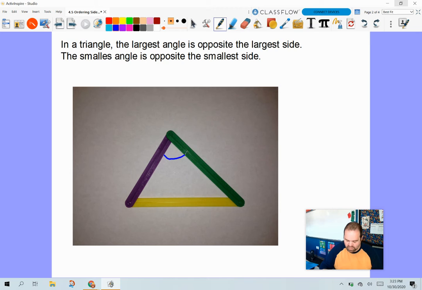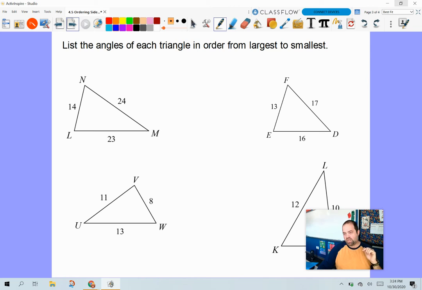This angle here that I made between the purple and the green, if I were to change out that yellow piece to a smaller one or a bigger one, that angle is on a hinge, and it's going to flex depending on how long the side is that I put in between them. So the bigger the side is, the bigger the angle is across from it.